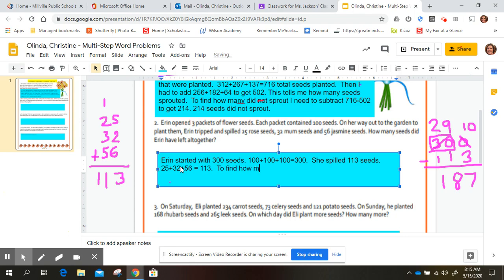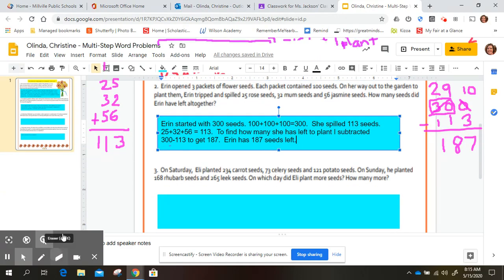To find how many she has left to plant, I subtracted 300 minus 113 to get 187. Erin has 187 seeds left. That was it. All right, let's move down to the next one, number 3.